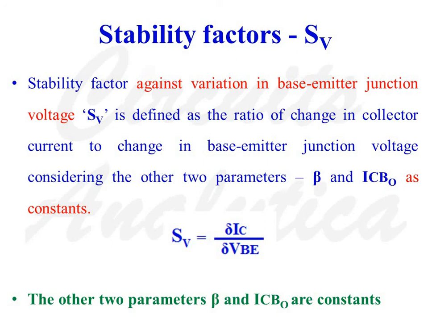SV is equal to dou IC divided by dou VBE, where the other two parameters beta and ICBO are considered as constants. So for each biasing circuit, we have to find the expression for SV, as the expression for base current IB is different for different biasing circuits.